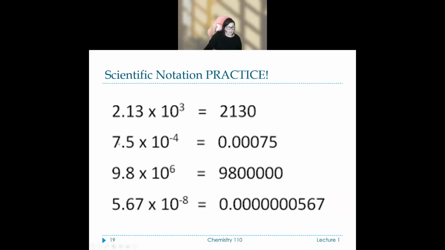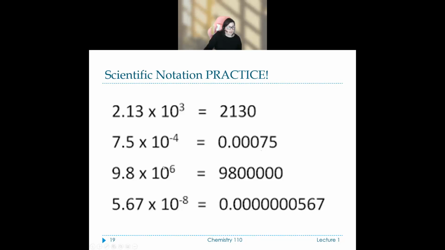7.5 times 10 to the minus fourth. This is one place. I know that I'm going to have at least 4 zeros out here to make that work. And then I move the decimal place from behind the 7 where it is to 1, 2, 3, 4. Again, since it's negative, I'm moving it to the left. If it's positive, I move it to the right. Awesome. 9.8 times 10 to the 6.